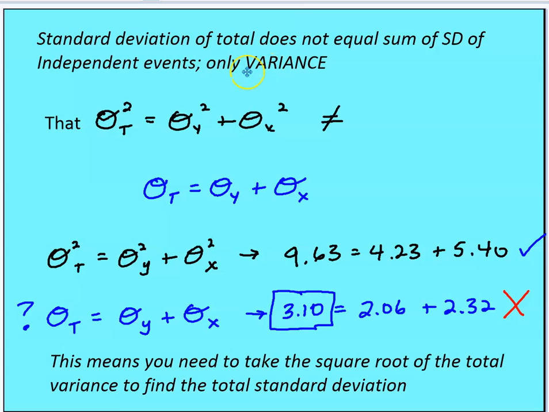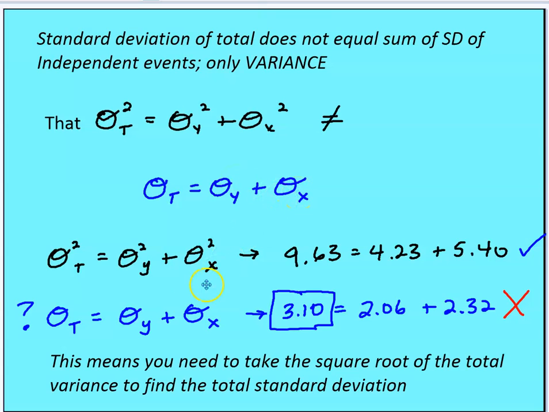It's only the variances of the independent events to which that sum rule applies. So the variance of the total is equal to the variance of y plus the variance of x. However, that does not mean the standard deviation of the total is equal to the standard deviation of y plus the standard deviation of x.